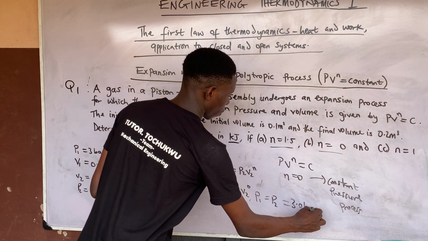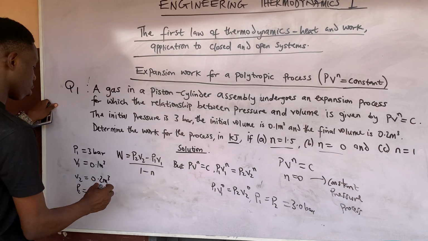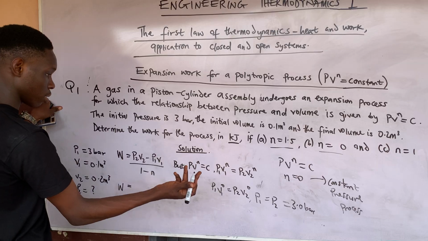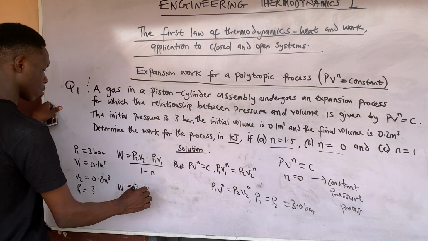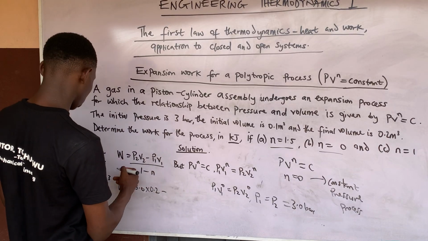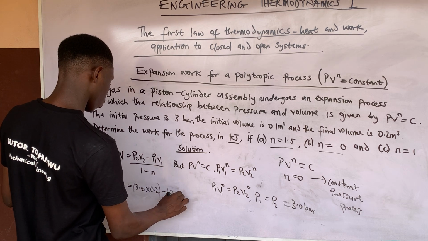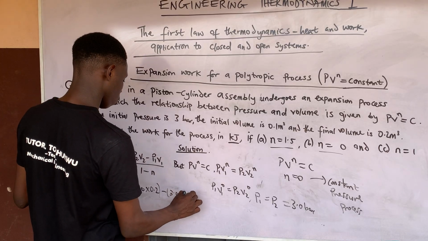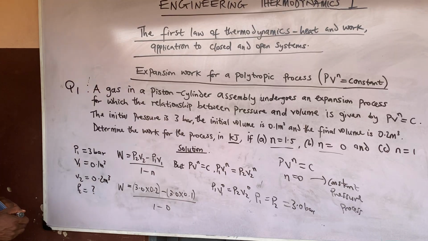Now going to our formula for work, we have that the work W equals P2, which is known, 3.0 bar, multiplied by V2, 0.2, minus P1, also 3 bar, multiplied by V1, 0.1, all divided by 1 minus 0.